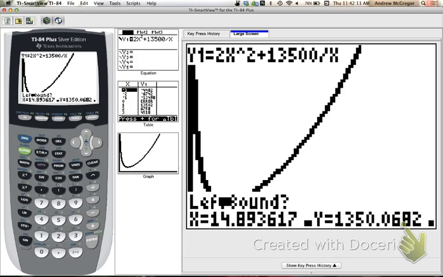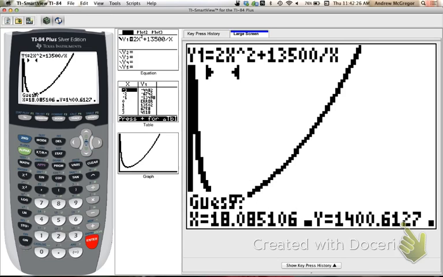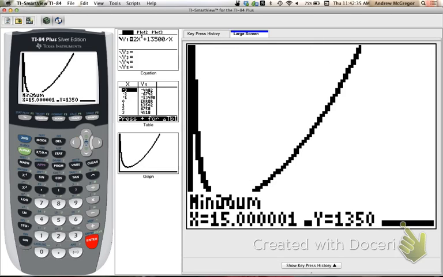So move your arrow over to the left of the vertex. Press enter. And then move it over to the right of the vertex. Press enter. And then it's going to ask you to take a guess. You can see on the top how they have the interval up there. Take a guess down here, press enter. And you should get a pretty accurate number, close to 15.